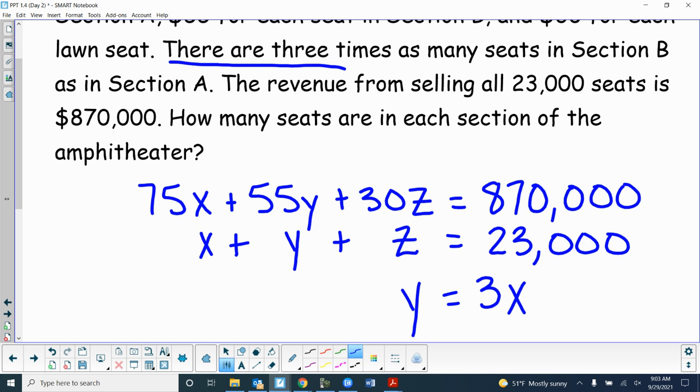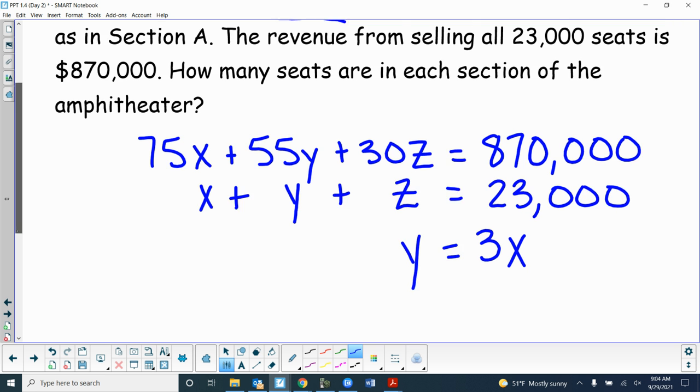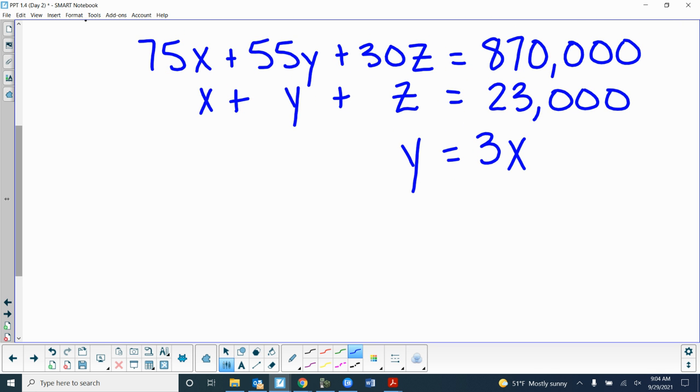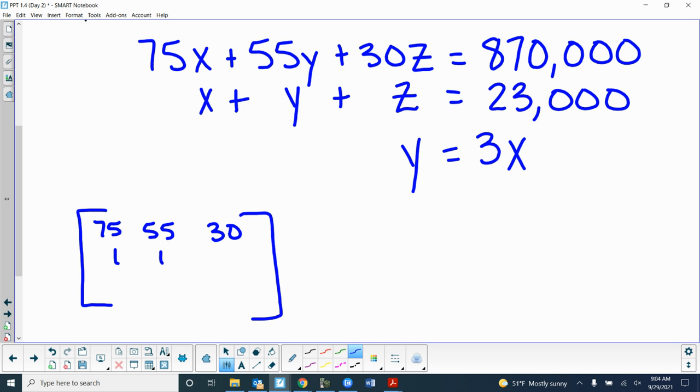So in order to do my matrix, what's my top row of numbers? 75. You don't need the X's, right? 55 and 30, right? And then 1, 1, 1. Now this one. All right, if we get it in order, I have to move this over to the other side.